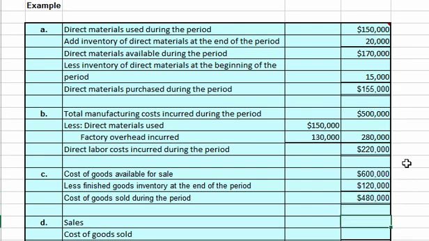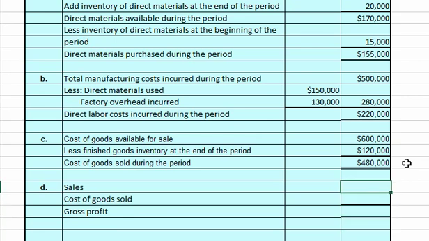Alright, then they just wanted a little gross profit section of the income statement. They give you the sales number. Let's say that's 1 million. And then cost of goods sold, we said it was 480,000. So then our gross profit, excuse me, I got those in the wrong place.